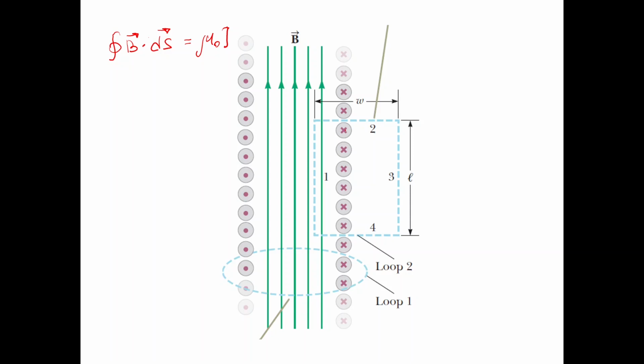Eventually this integral comes to the product of the magnitude of the uniform magnetic field vector inside the solenoid times the length of segment 1. It will be L.